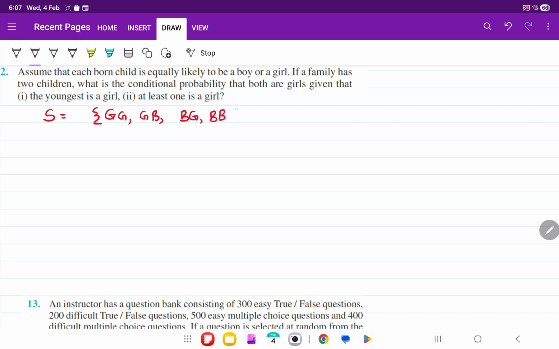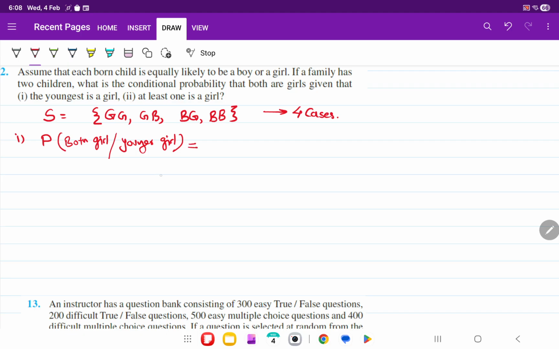This is the total sample space. Total 4 cases are there. Out of that, they want the first case, the probability that both are girls, and what is the condition? Younger is girl. Understood? This is the condition.